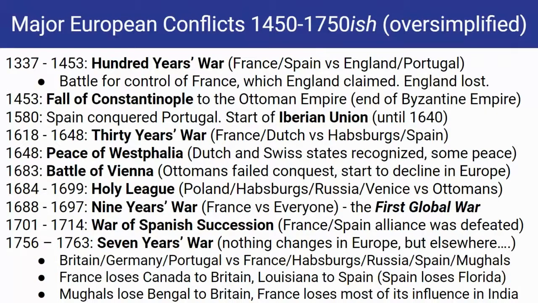So that war ends with the Peace of Westphalia, where Dutch and Swiss states are actually recognized for the first time. So before this point, the Dutch were under the control of the Spanish Habsburgs, and so they wanted to be their own independent Dutch republic, and at the end of this is when they're officially recognized.